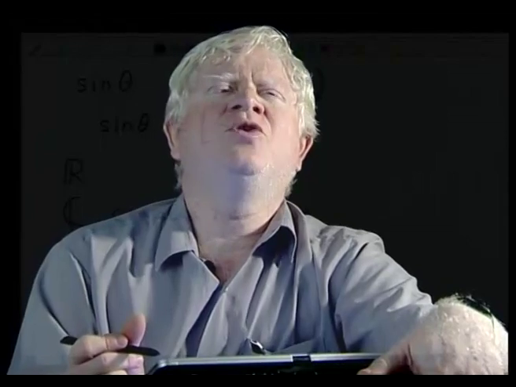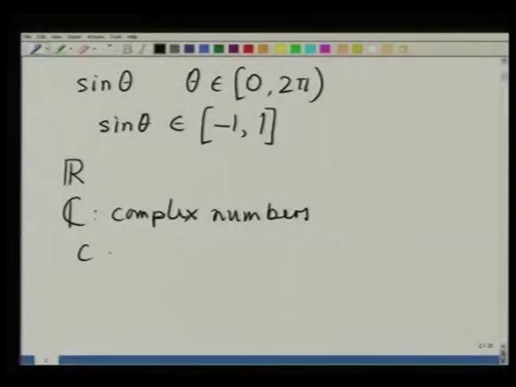Complex numbers, as we know, are represented by ordered pairs of real numbers. We are back to ordered pairs once again, as you can see. And so, a general complex number C would be written as A plus I B, where I is the square root of -1, something we know.